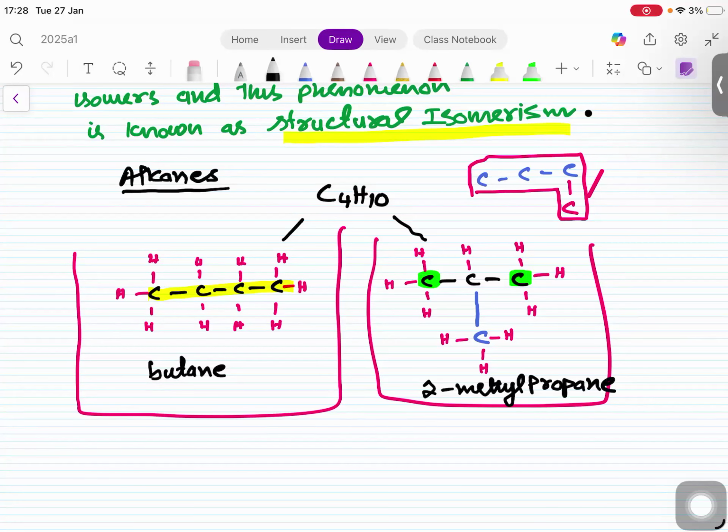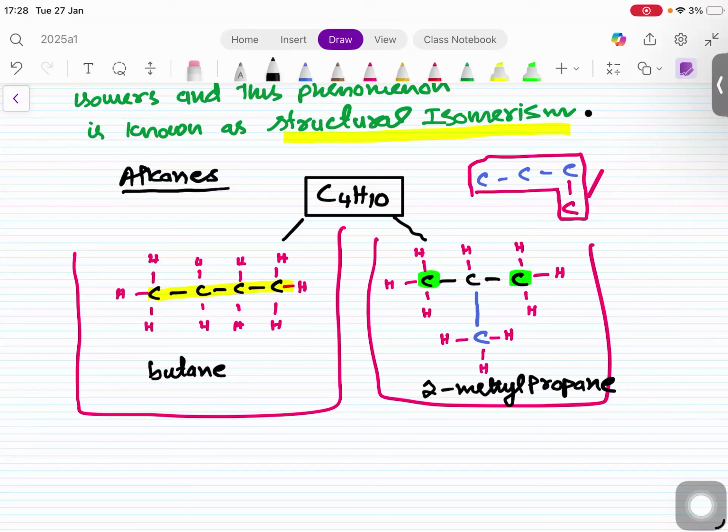I'm just telling you that these are two different compounds with two different names and different sets of properties. But they have one thing in common. What is that? Molecular formula. These compounds are known as structural isomers.